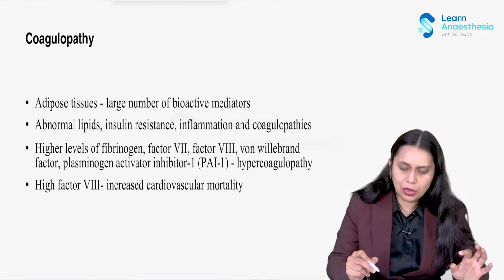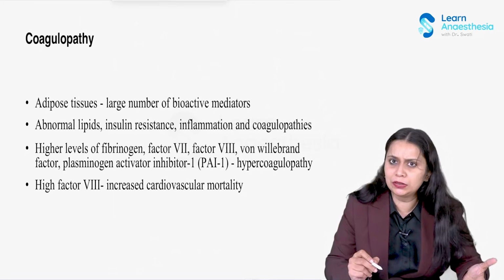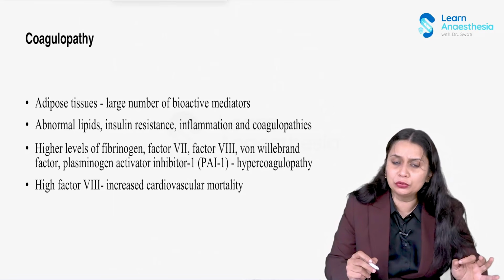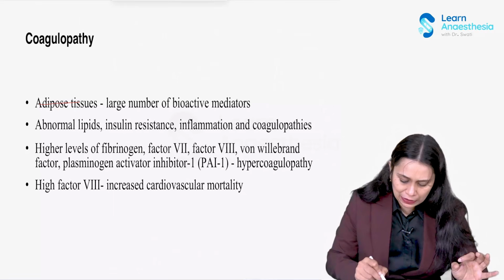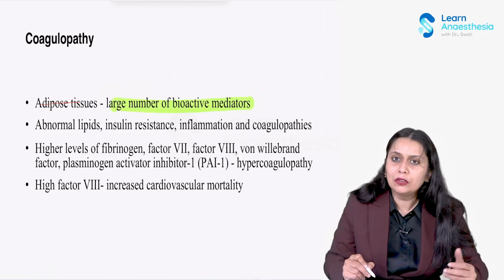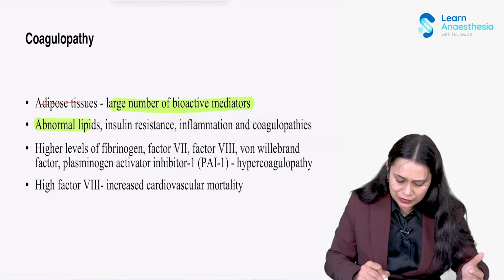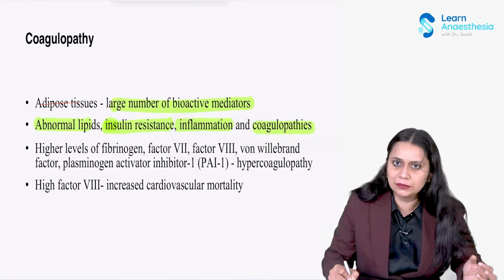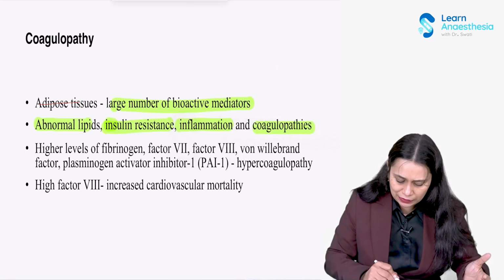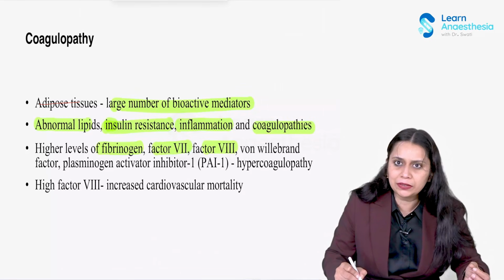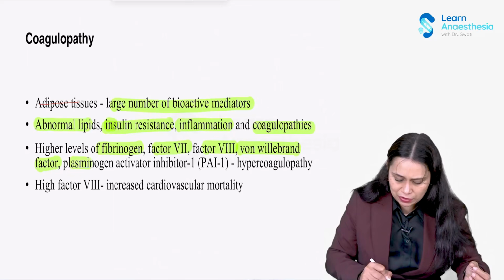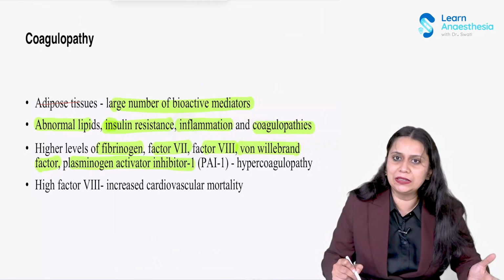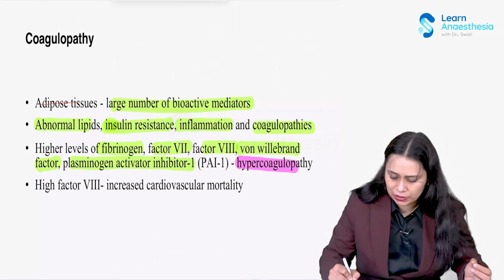Let us talk about the coagulopathy associated with obesity. Adipose tissue has a large number of bioactive mediators which cause abnormal lipids, insulin resistance, inflammation and coagulopathies. Because of these mediators, the fibrinogen level increases, factor 7 increases, factor 8 increases, and von Willebrand factor and plasminogen activator inhibitor 1 all increase, and this causes hypercoagulability.